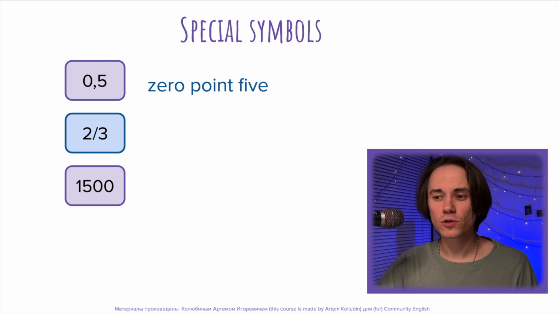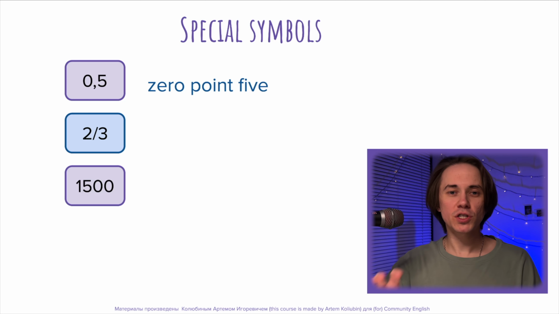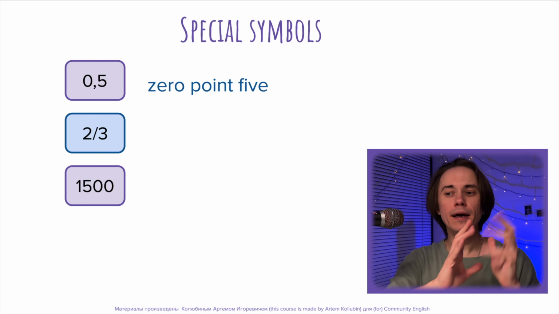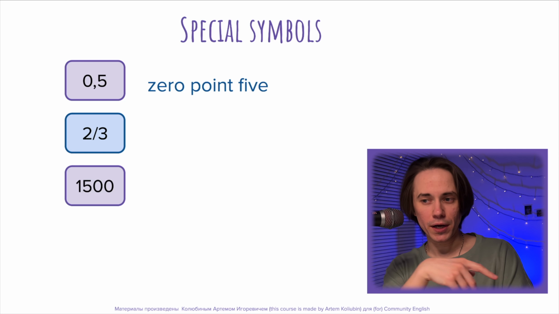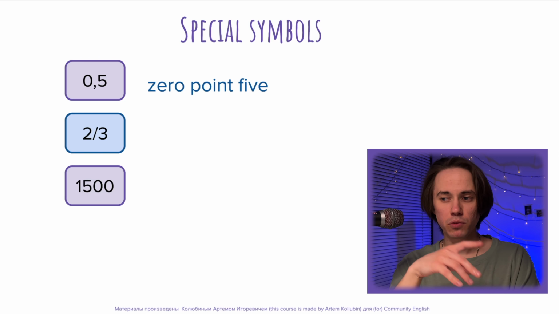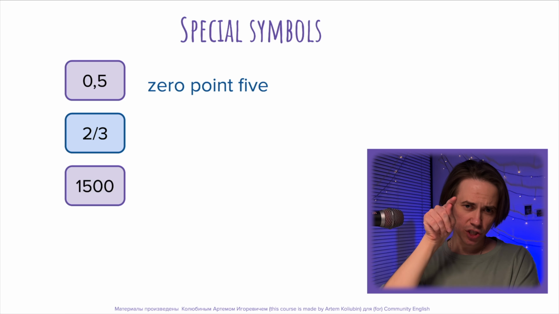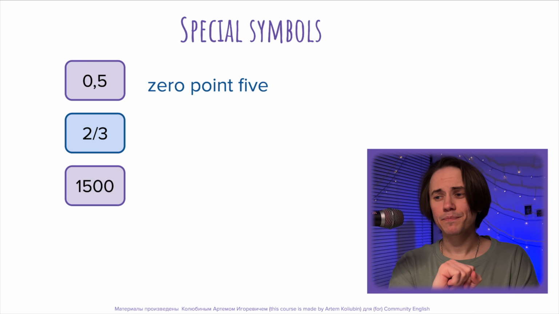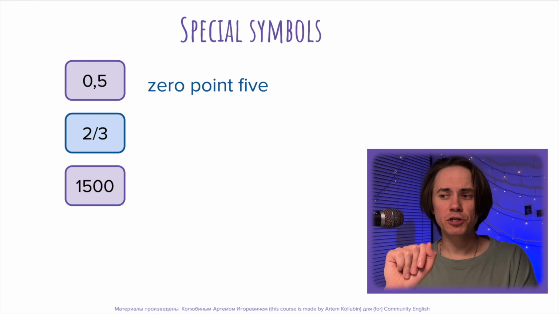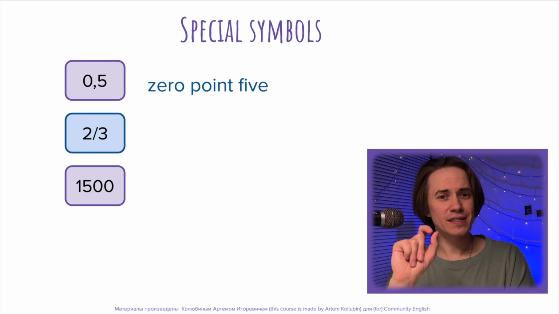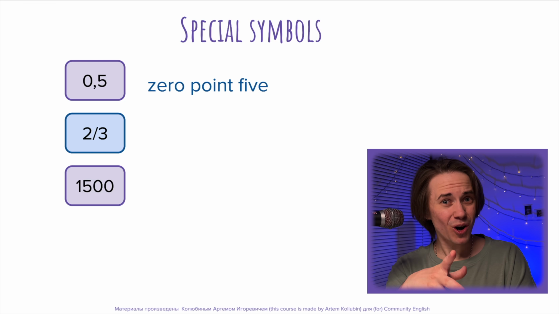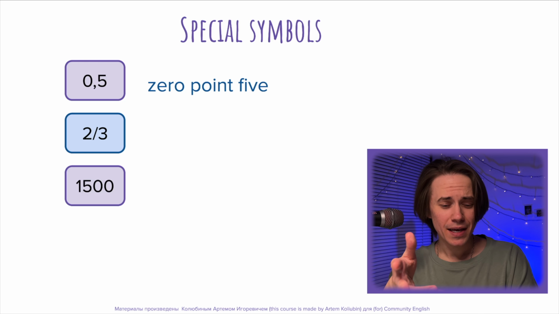So first things first, when it's not the whole number, right? We call it a point. So we say, for example, 0.5, and usually in English it's not a comma actually, but the period. So sometimes people say zero point five, but if it's 0, they can even skip 0. They just say point five.